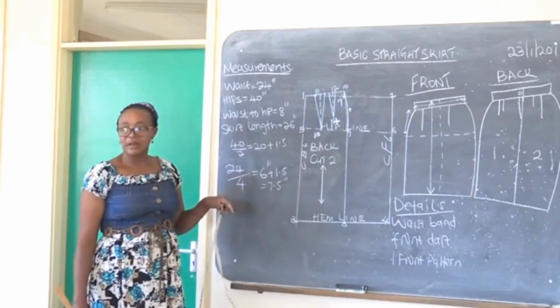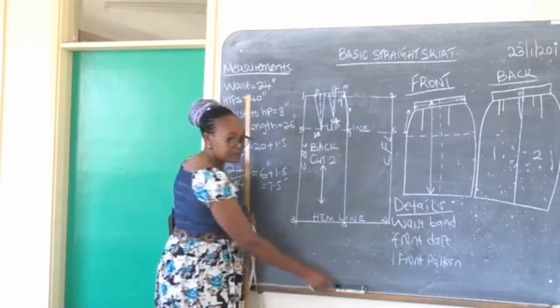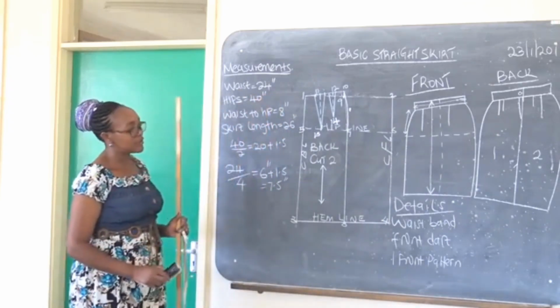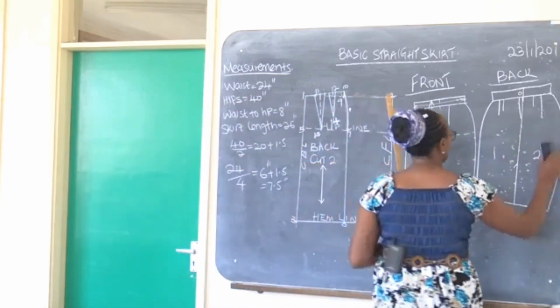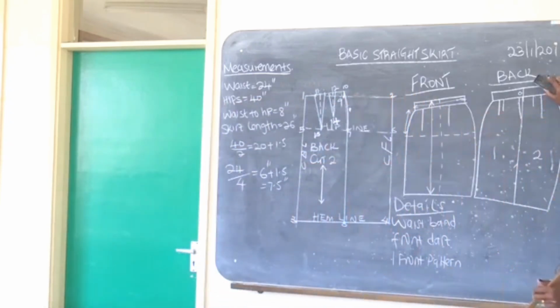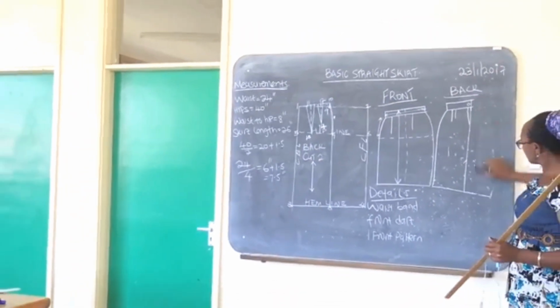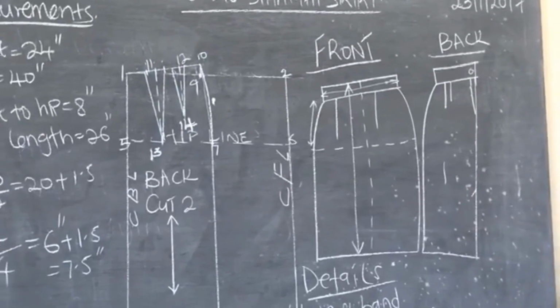Once we've established our pattern, it is important to note that this part needs to be traced out, because we've only identified the first part of the skirt. The moment we cut 1, we've cut 1 piece.